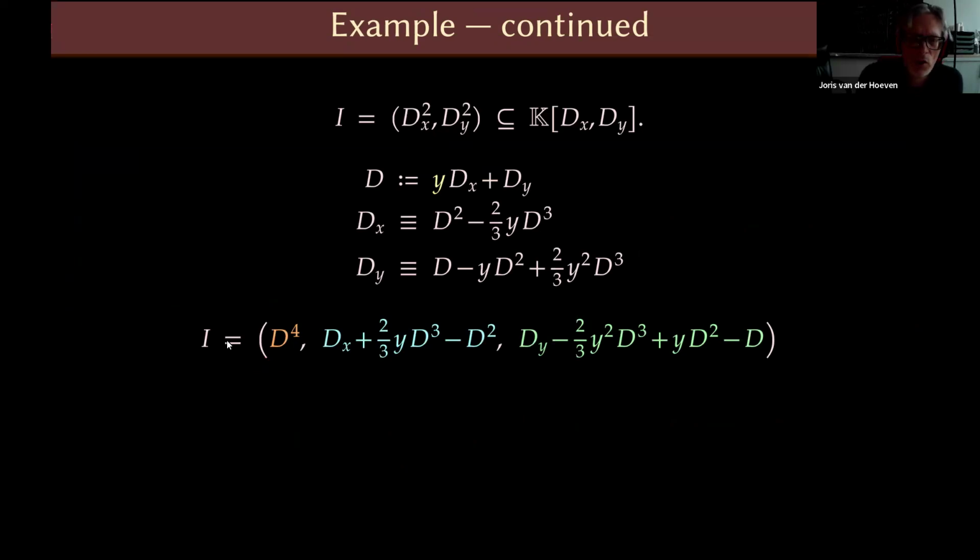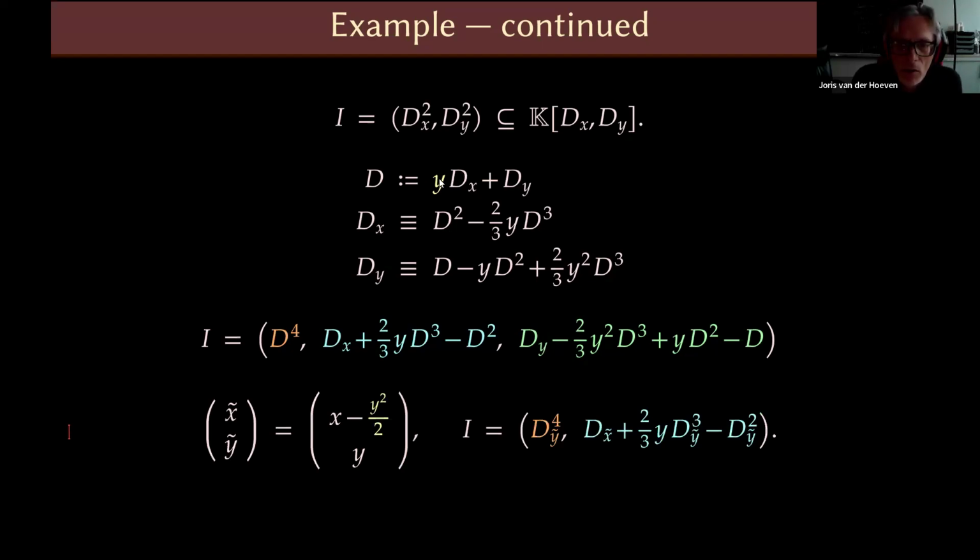Okay, so we saw that the ideal was being generated by this derivation here, power 4, and then that dx could be expressed in terms of d modulo I and the expression of dy modulo I. Now, if we integrate this y that we needed in the change of variables, and we negate, so we get the one that we have here.